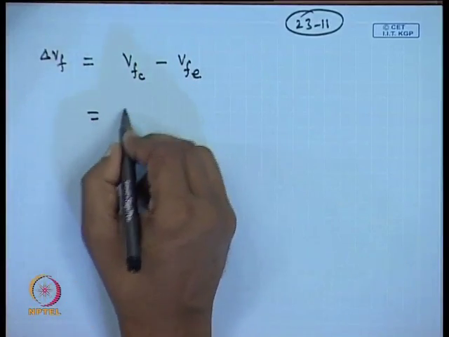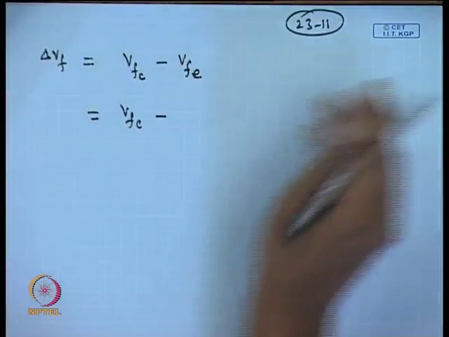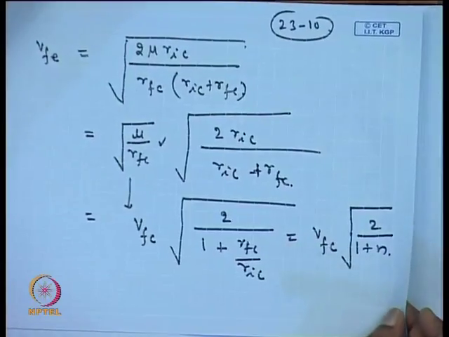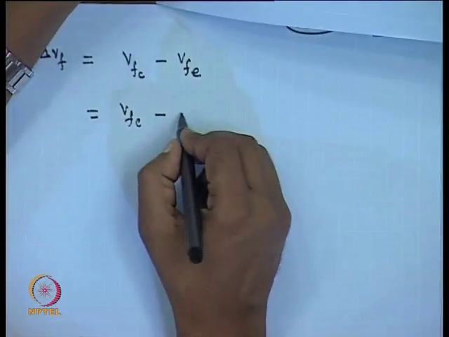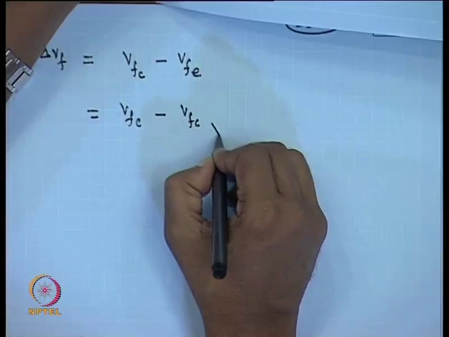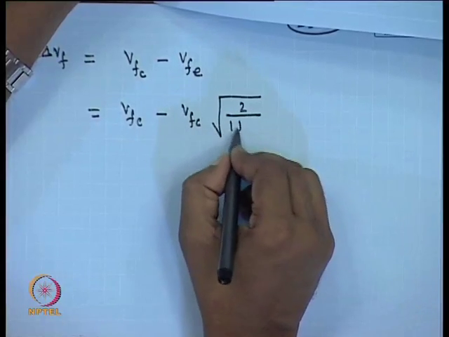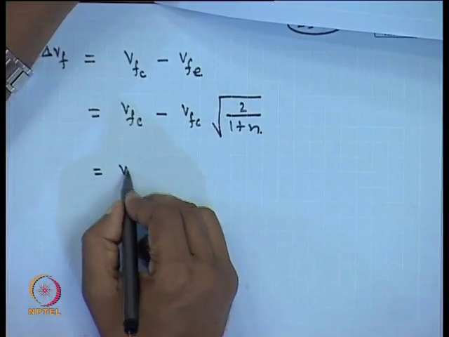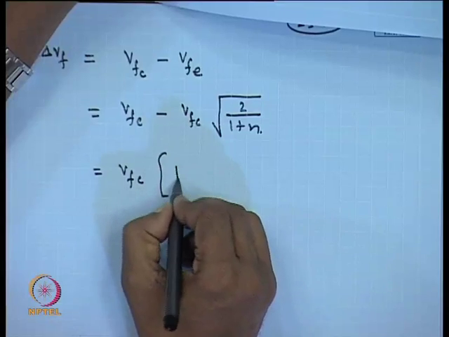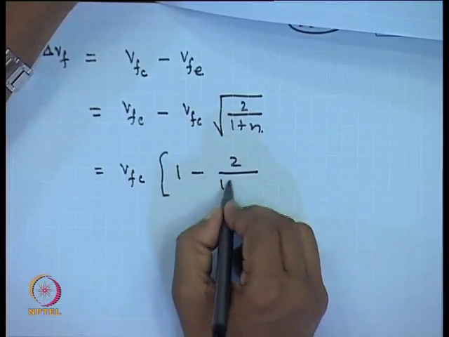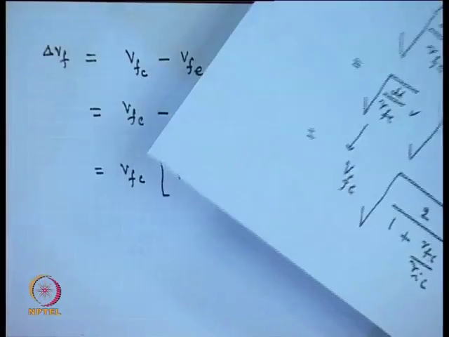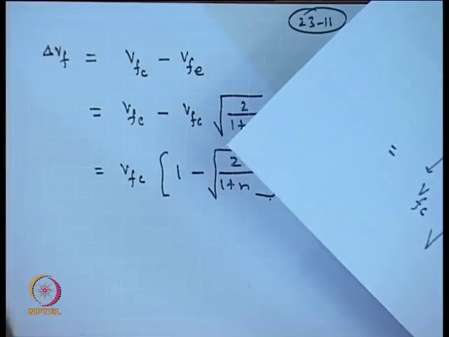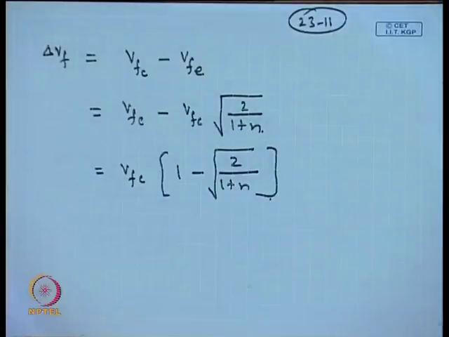So, V final in circular orbit minus V final in elliptical orbit, just now we have written, this is VFc times 2 divided by 1 plus n, under root. Taking out VFc outside, this becomes 1 minus 2 divided by 1 plus n under root. And this is nothing but your equation number 2 that we have written earlier.